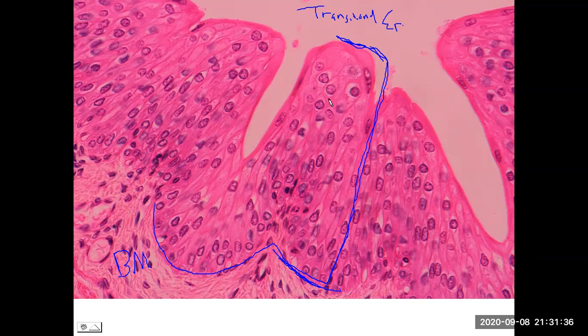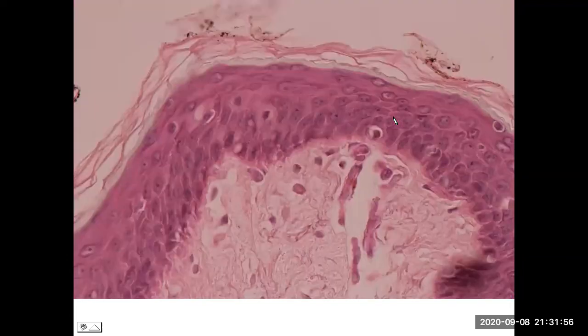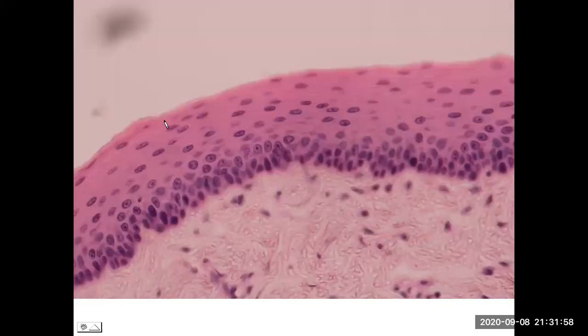And the distinction now, how we could tell this apart, transitional epithelium, you notice as we get closer to the surface, the cells closer to the surface are actually larger and bigger in size. Whereas if we go back for the stratified squamous, dry or wet, we pointed out how the cells are thinner and flatter as they get closer to the surface.